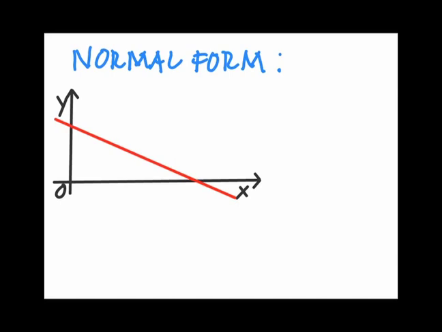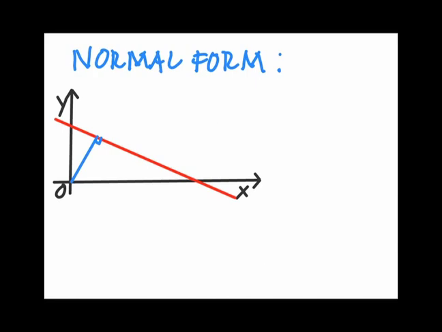Let's draw a line segment from this point of origin, which will be perpendicular to this line, meaning the angle formed here, of course, will be 90 degrees, right?